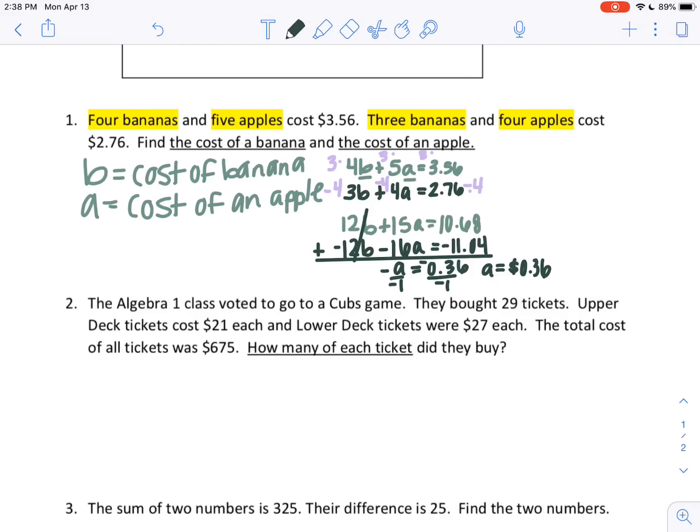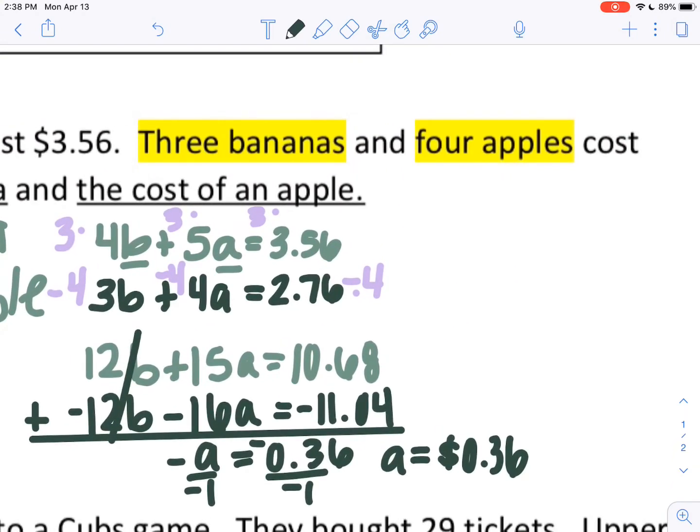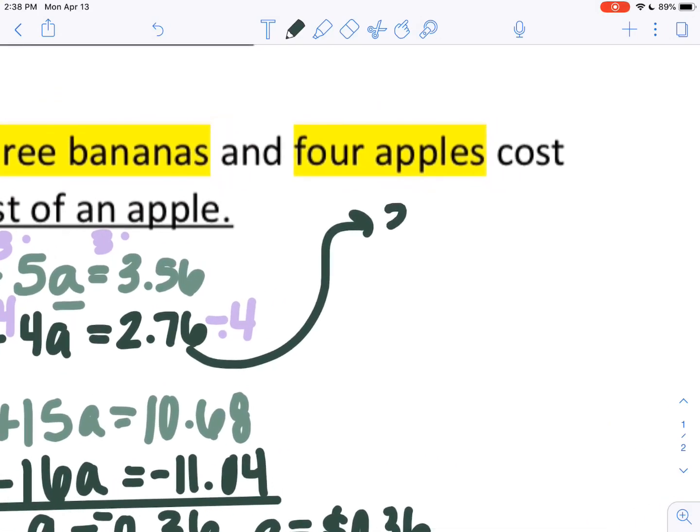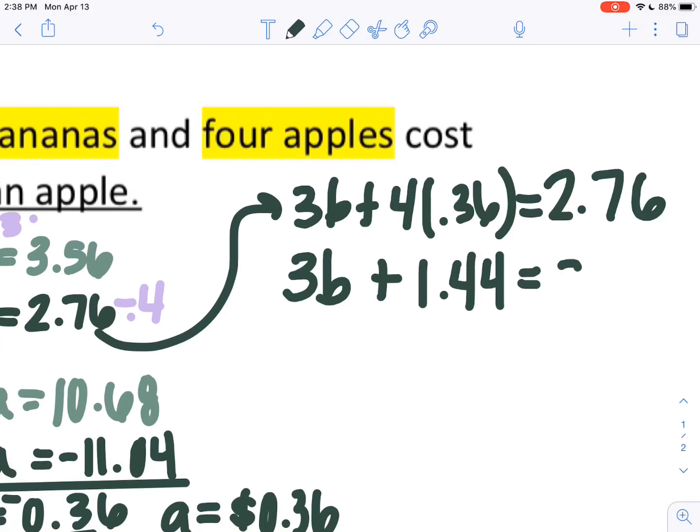Okay, remember, you could plug in A to any equation. It could be either of the first two or either of the second two, and you will get your answer for B. I'm just going to plug in A to the second equation right here to get the value for the cost of a banana. So 3b plus 4 times 0.36 equals 2.76. So 3b plus 4 times 0.36, so 1.44.